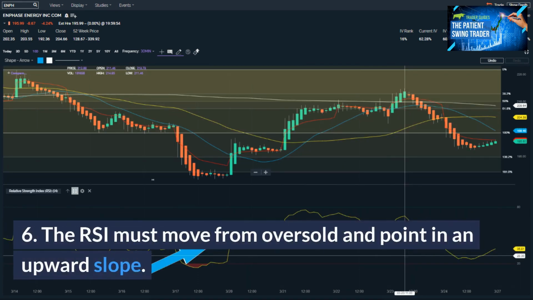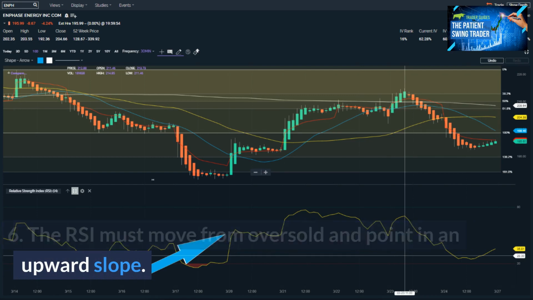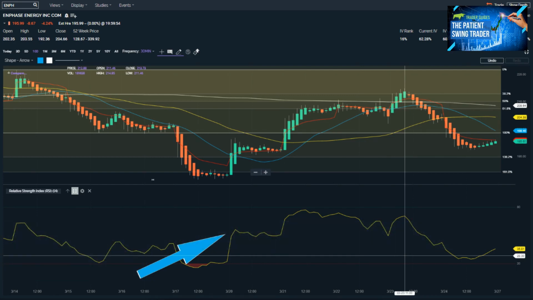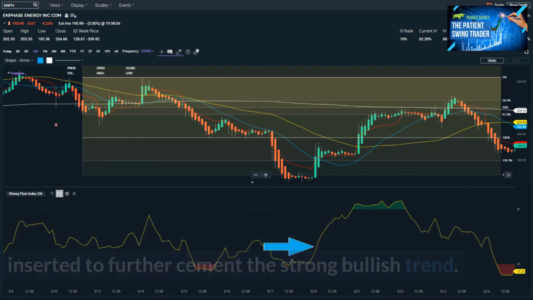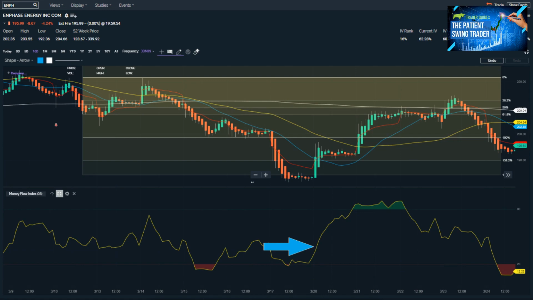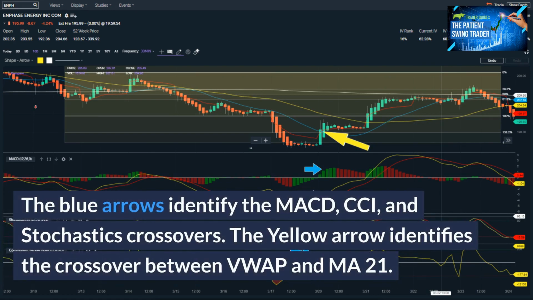The RSI must move from oversold and point in an upward slope. 7. Additionally, the money flow index, or MFI, can be inserted to further cement the strong bullish trend. The blue arrows identify the MACD, CCI, and stochastics crossovers. The yellow arrow identifies the crossover between VWAP and MA21.